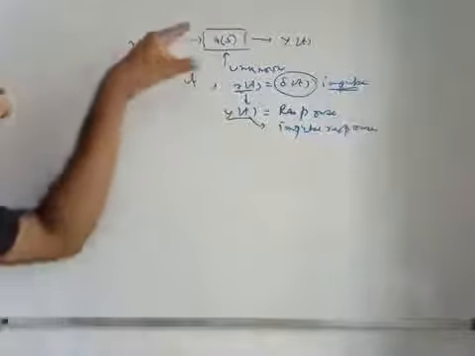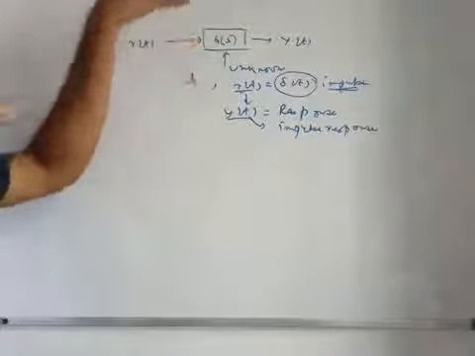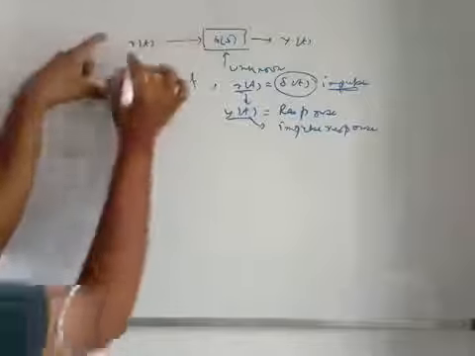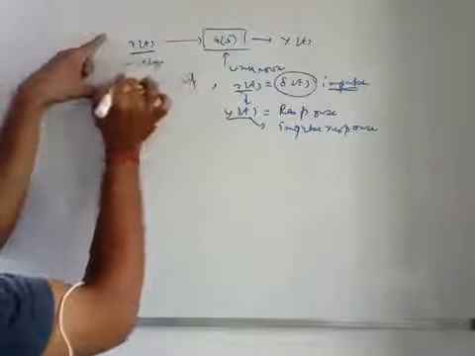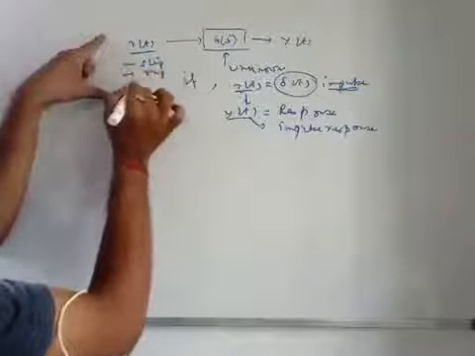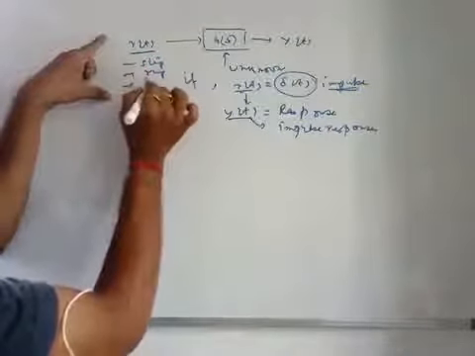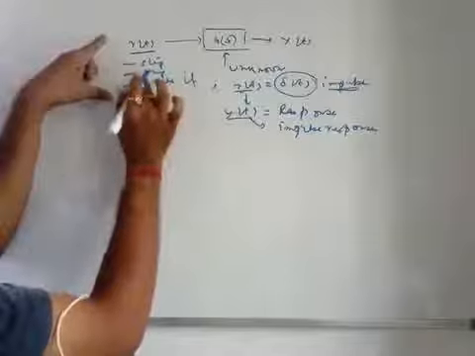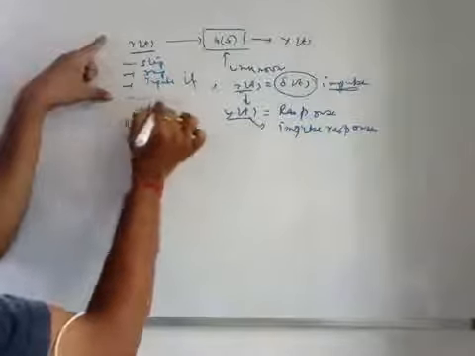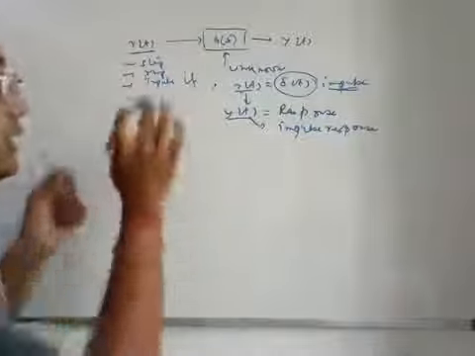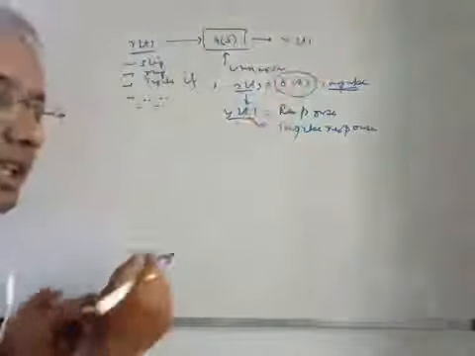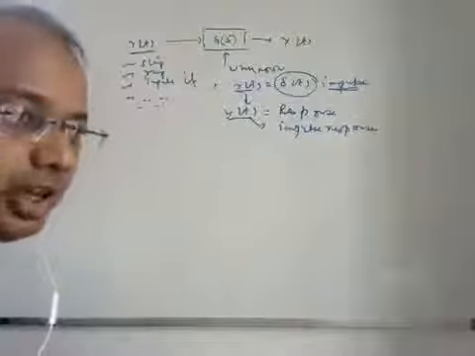Now this system is one unknown system. Now r(t) may be step, maybe ramp, maybe impulse, maybe any kind of signals, whatever different kinds of signals are available, all kinds of signals can be r(t), and corresponding to that you may be getting different kinds of output.